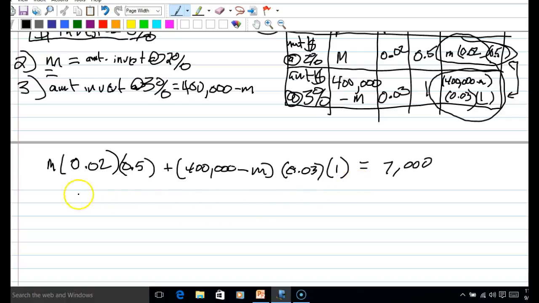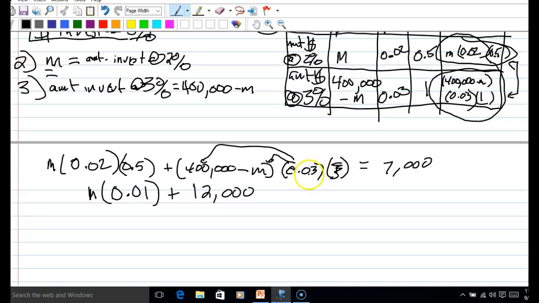So now, mathematically, multiply these two together. So that gives me M times 0.01. Now, 1 times anything is that anything, so I really don't need the 1 here. But I do need to distribute this number here. So if I multiply 400,000 times 0.03, that gives me 12,000.